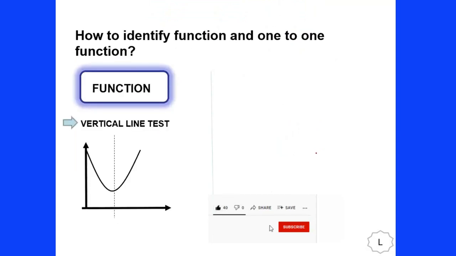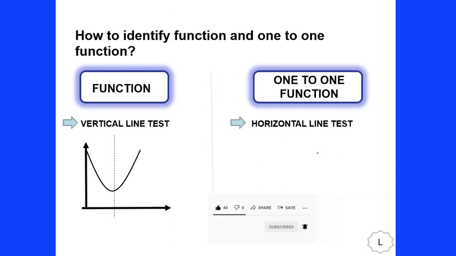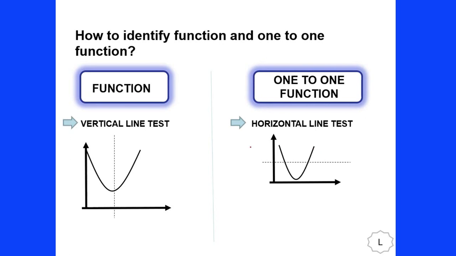And how to identify functions and one-to-one functions. To identify a function, we use the vertical line. This is good for the objective. So question objective: define which one is a function using the vertical line test.